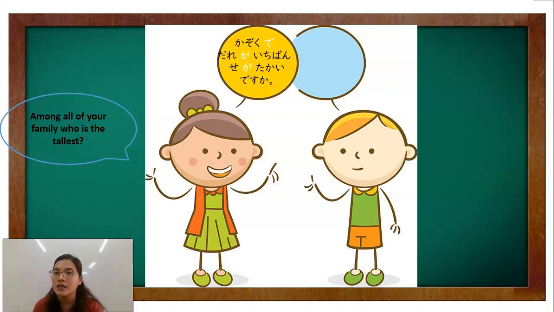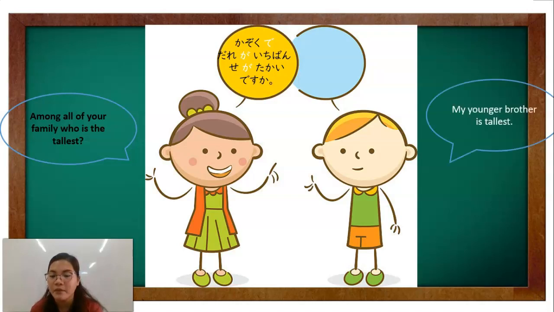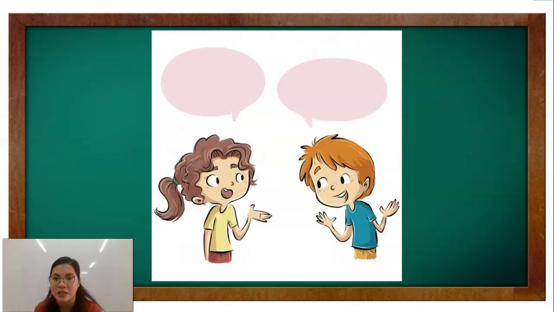Again, kazoku de dare ga ichiban se ga takai desu ka? He answered, my younger brother is the tallest. Otouto ga ichiban se ga takai desu. Okay, so that is how you are going to answer this question.